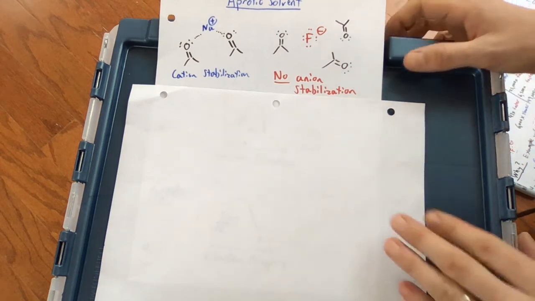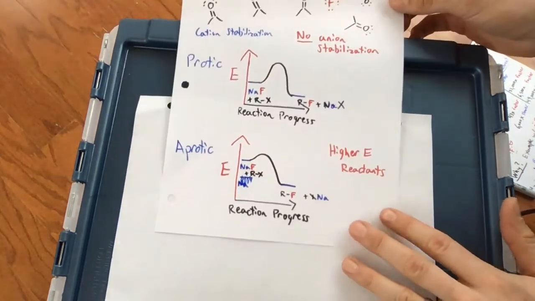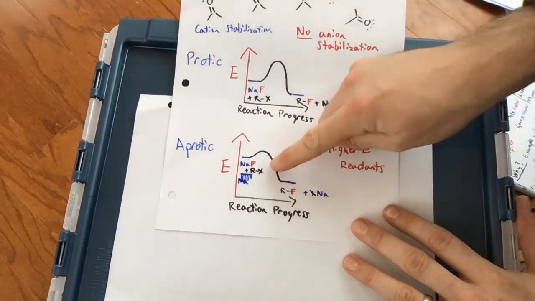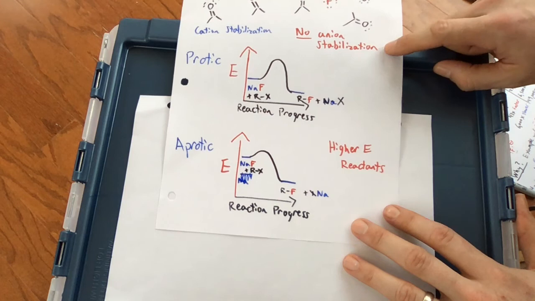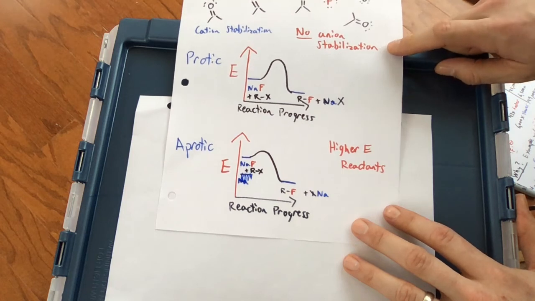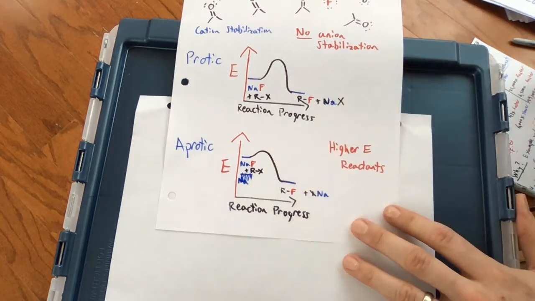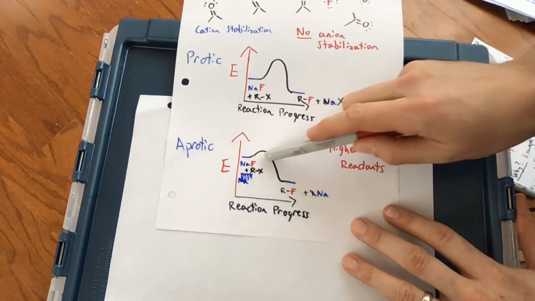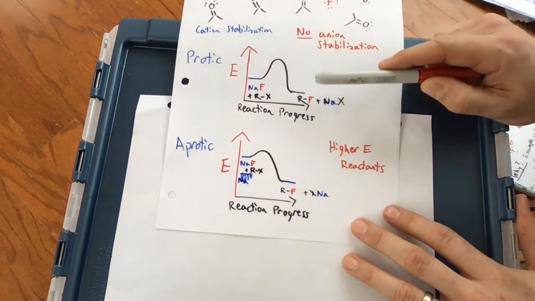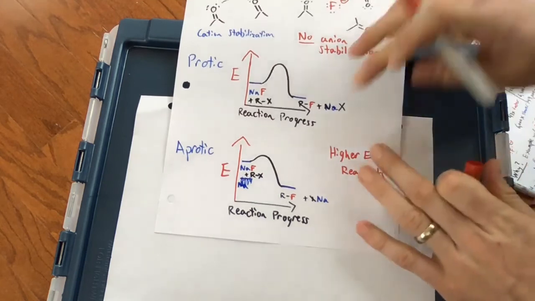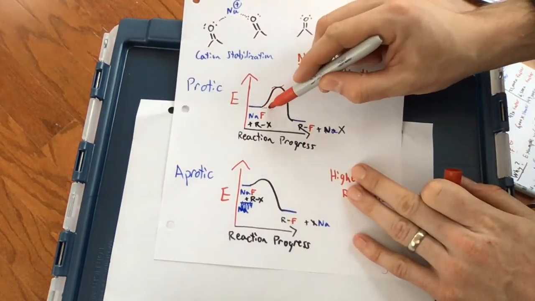So because of that, you are essentially raising the energy of the reactants in an aprotic solvent because you don't have any stabilization of this fluoride anion, and due to that, the activation energy you observe here for aprotic versus here for protic is much lower. The protic solvent activation energy is much higher.